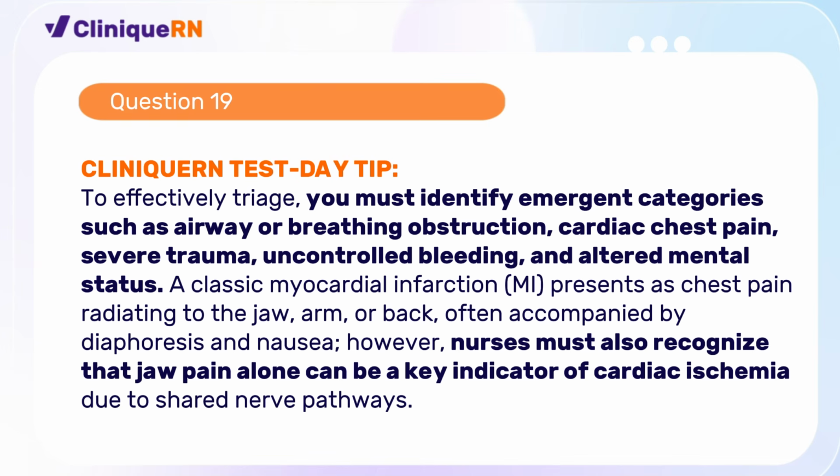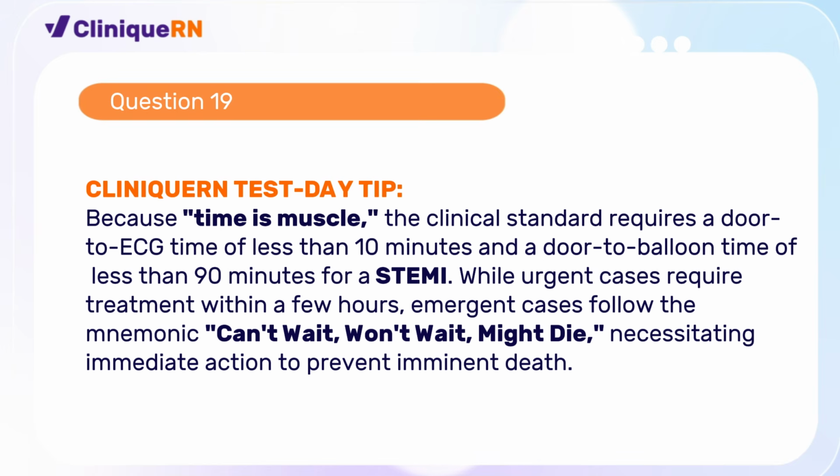However, nurses must also recognize that jaw pain alone can be a key indicator of cardiac ischemia due to shared nerve pathways. Because time is muscle, the clinical standard requires a door-to-ECG time of less than 10 minutes and a door-to-balloon time of less than 90 minutes for a STEMI.